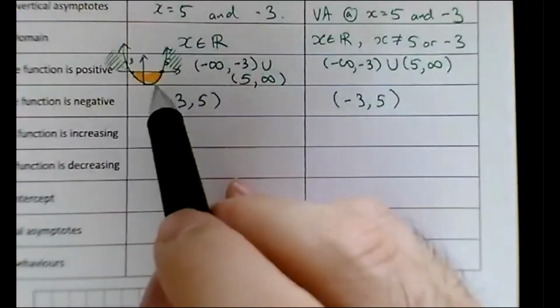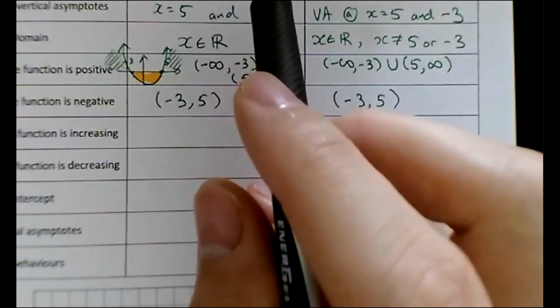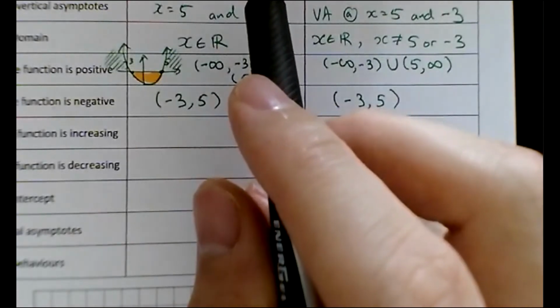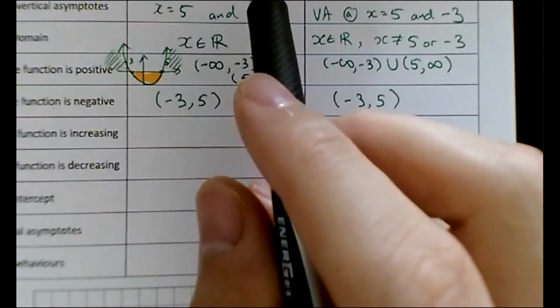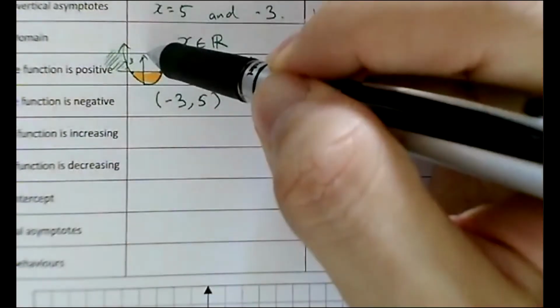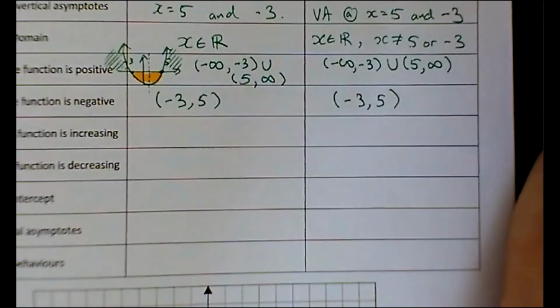Next, at what point is this curve increasing? Anyone? Where's a vertex in between? Joseph?